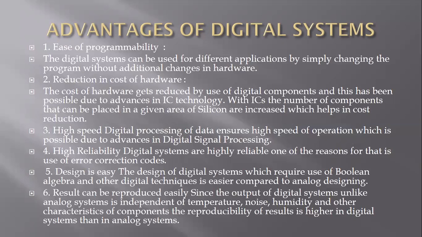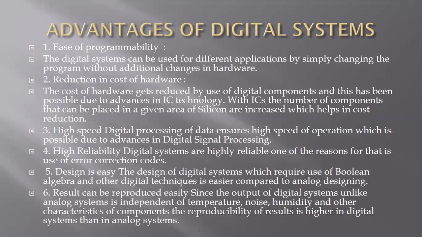High-speed digital processing of data ensures high speed of operation, which is possible due to advances in digital signal processing. Digital systems are highly reliable, and one of the reasons for that is the use of error correction codes. The design of a digital system is comparatively easy, since the use of Boolean algebra and other digital techniques is easier compared to analog designing.